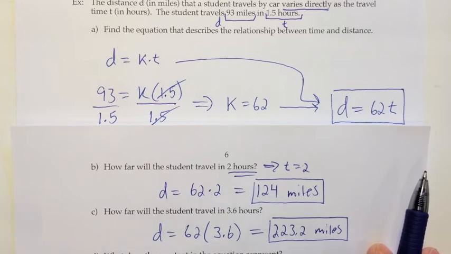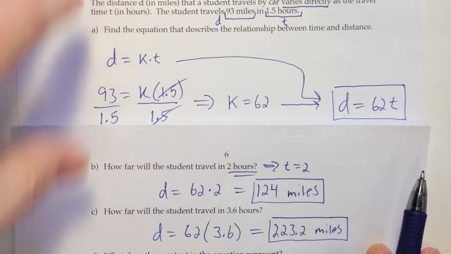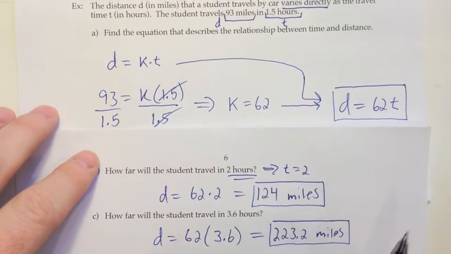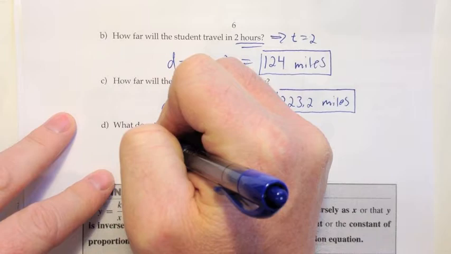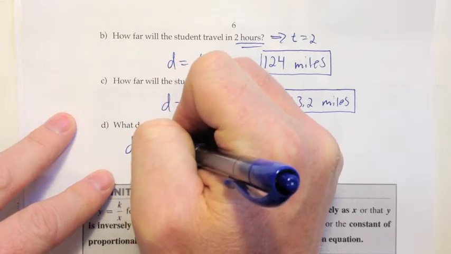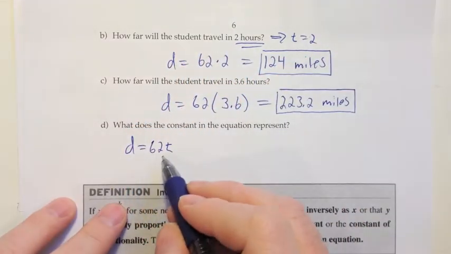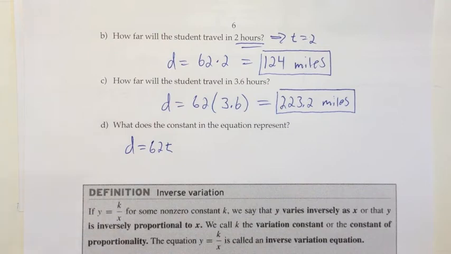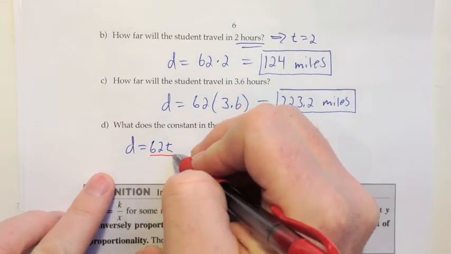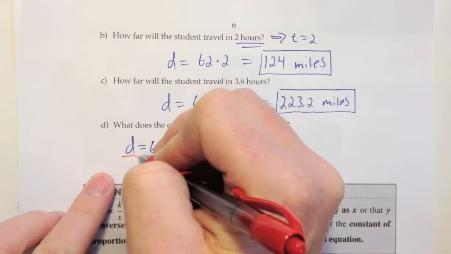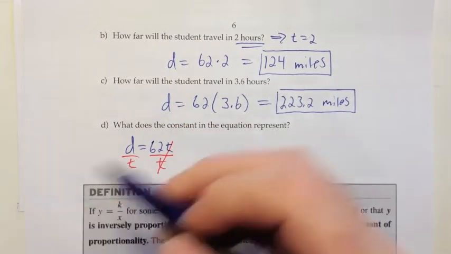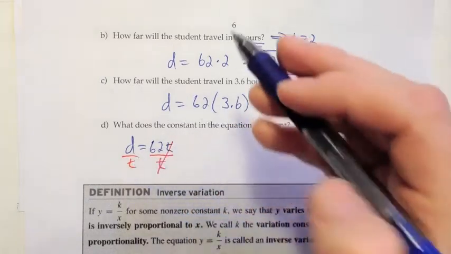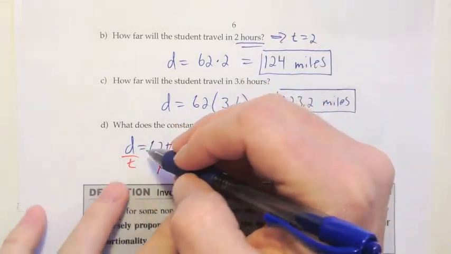And then finally they ask, what does the constant in the equation represent? So they're asking about that 62. So let me just take the equation d equals 62t and point out what I get if I solve that for 62. I could get rid of this t, which is connected by multiplication, by dividing both sides by t, and those t's would cancel. And so that 62 represents distance over time, and distance is in miles.